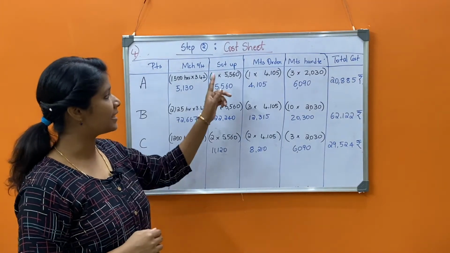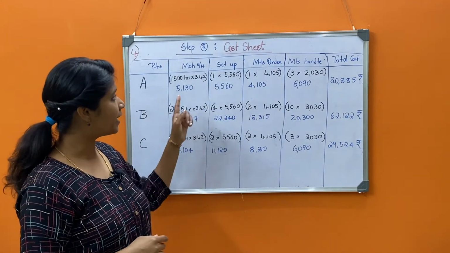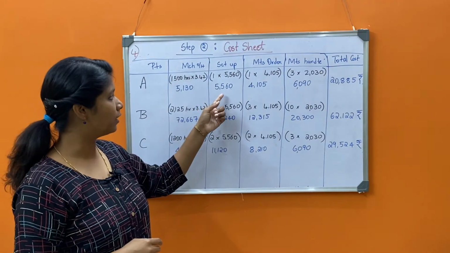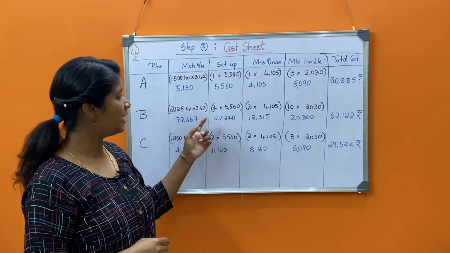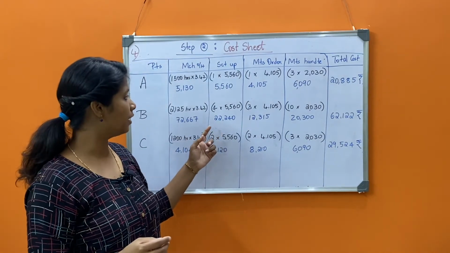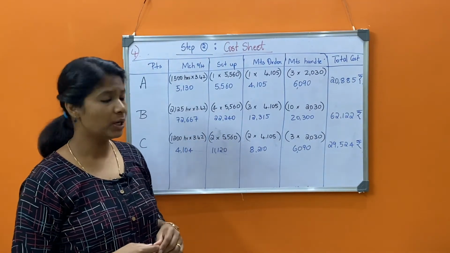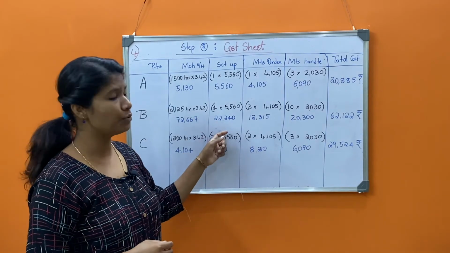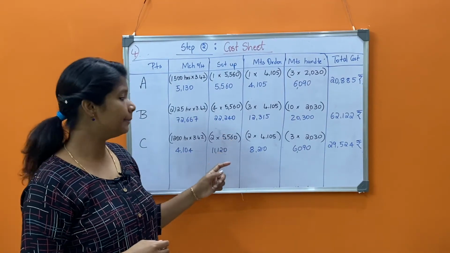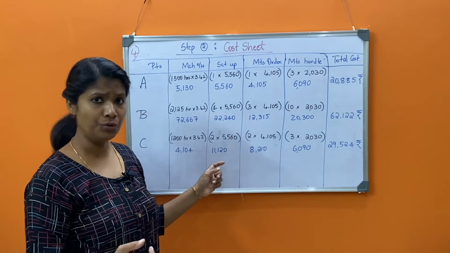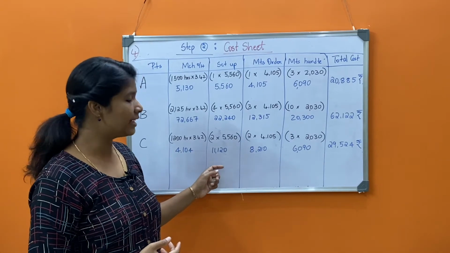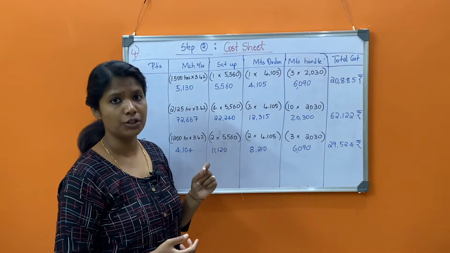The second activity is the setup cost. For product A it's only once, so the cost is 5,560. For product B it is 4 times setup, so multiplied by the rate we get the answer 22,240. For product C, setup frequency is 2 multiplied by the setup rate, 11,120 rupees.